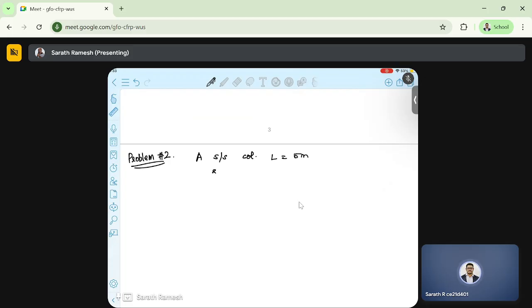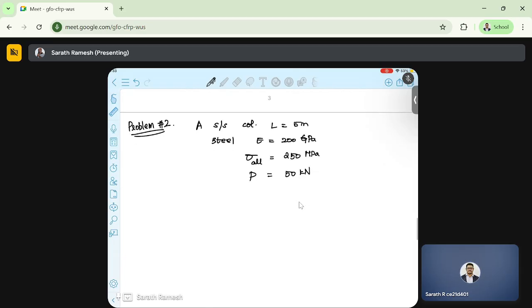It's made up of steel with Young's modulus 200 gigapascal, with an allowable uniaxial stress sigma allowable as 250 megapascal, is to support a compressive load of 50 kilonewtons. If the column has a circular cross section, find the radius of the cross section, radius equal to what?